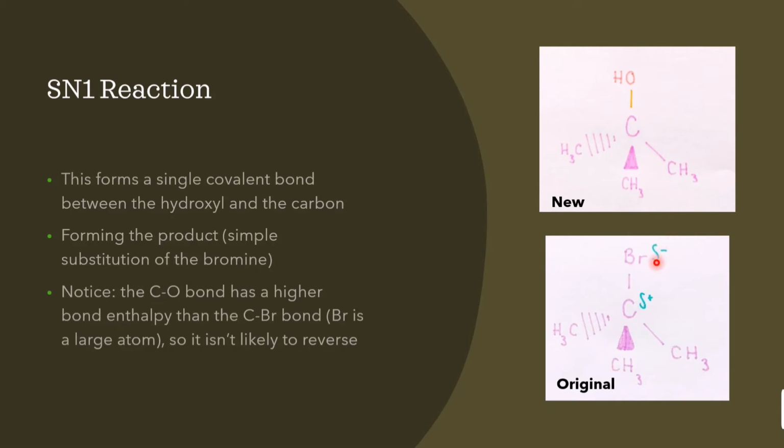So this means that the carbon-oxygen bond has a higher bond enthalpy. So it's unlikely that this reaction will reverse. So it's unlikely that this bond will spontaneously dissociate to allow the bromine to reattach. It's more likely that the bromine will dissociate and allow the hydroxyl to attach to the carbon than the other way round.